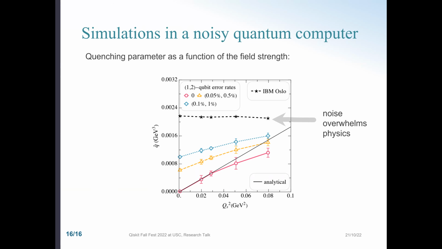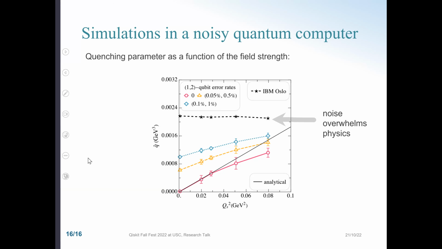When there is noise, you see the result deviate. The red one is without noise, and without noise, the result is close to what is expected analytically. As the level of noise increases, the result gets further away from what is expected from the physics.